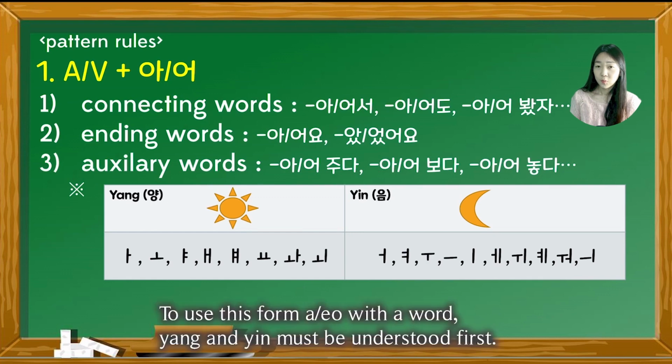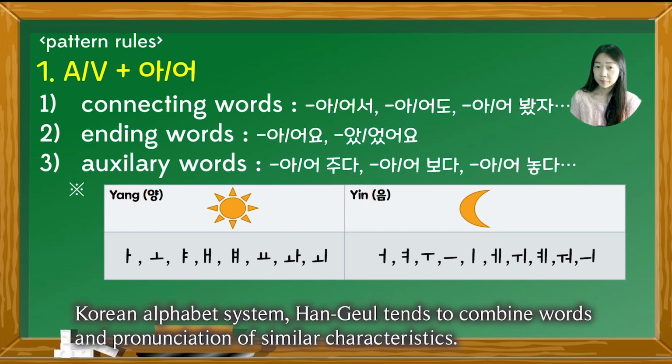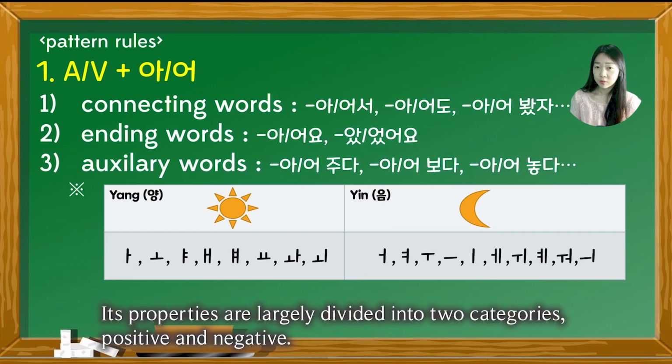To use this form 어 with a word, yang and in must be understood first. Korean alphabet system, Hangul, tends to combine words and pronunciation of similar characteristics. Its properties are largely divided into two categories, positive and negative.